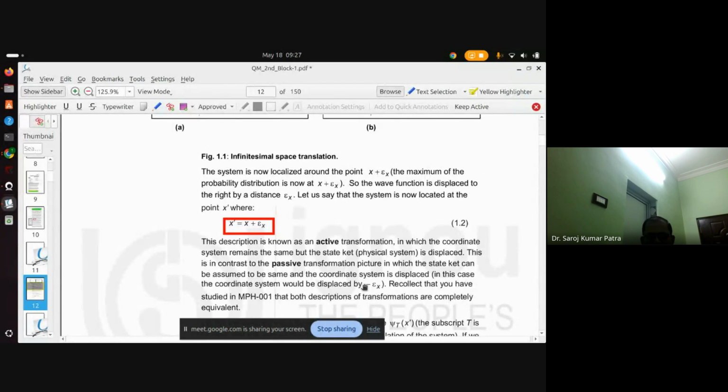We all have this experience. It is nothing but the same thing: if we are keeping our reference frame static, not moving, then our physical system has to move a small infinitesimal distance epsilon x. Or we can say, well, we are fixed, so the reference frame has to move backward.